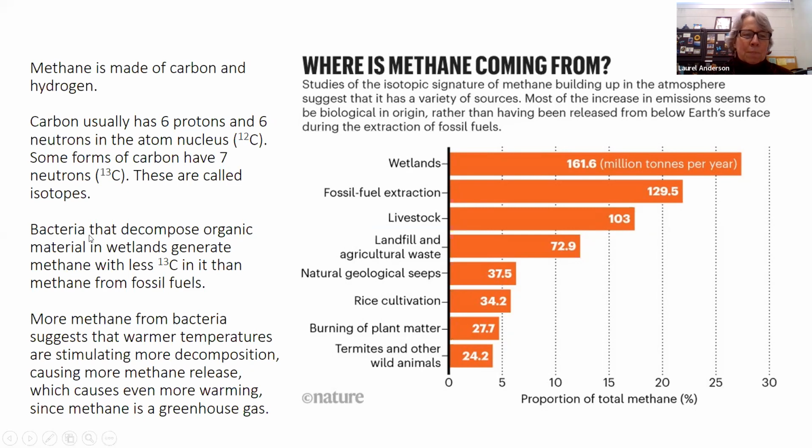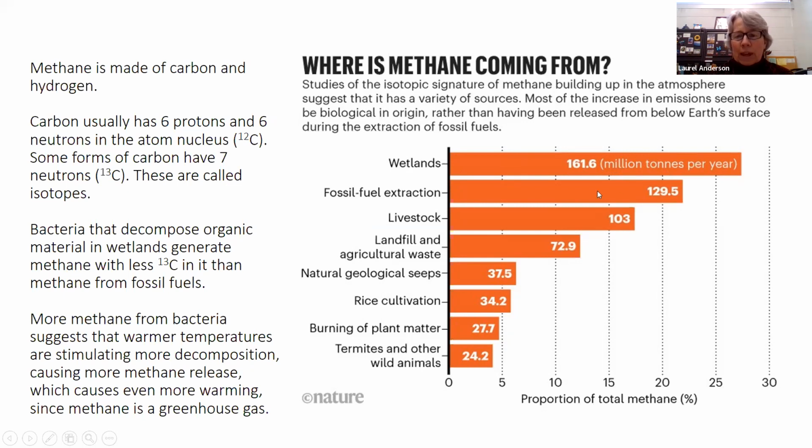So when bacteria that naturally produce methane decompose organic material in wetlands to generate methane, their methane has less C13 in it than methane from fossil fuels. And using this information, we can tell that the current methane in the atmosphere is coming quite a bit, you can see in this graph, from wetlands.